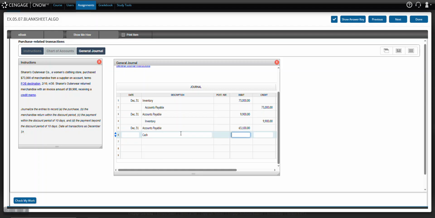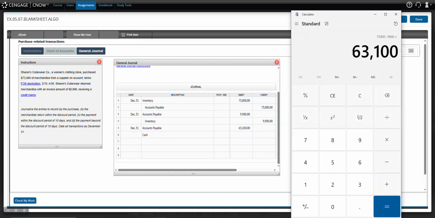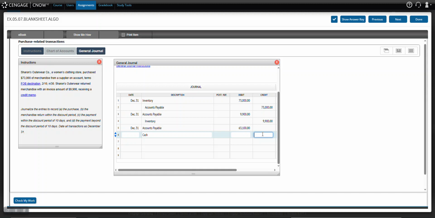We're going to have to send them some cash, but we don't have to send the full amount. We owe them $63,100, but we don't have to pay 100% of that value. We only have to pay 98% of it, or 2% less. So we actually only owe them $61,838.